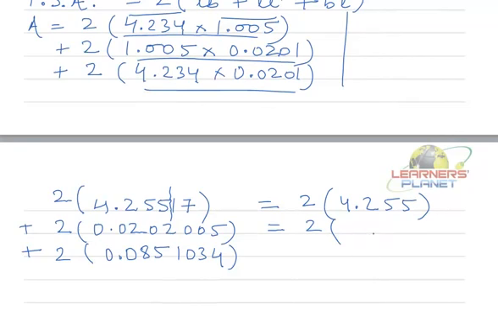Okay, in the second case it will be 2 times this value, which cannot have more than 3 significant digits, because if you see, one is having 4 significant digits, the other physical quantity has only 3. So if you round off this, the value will be 0.0202.